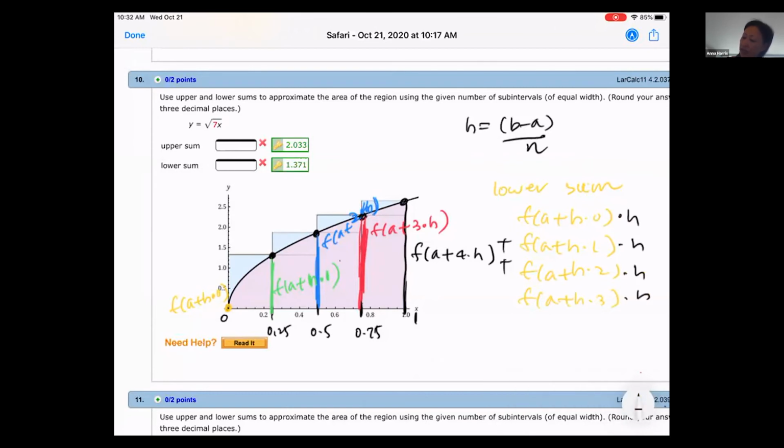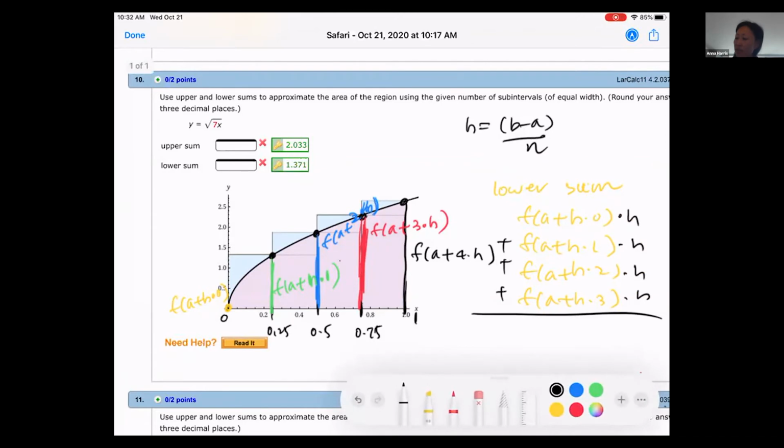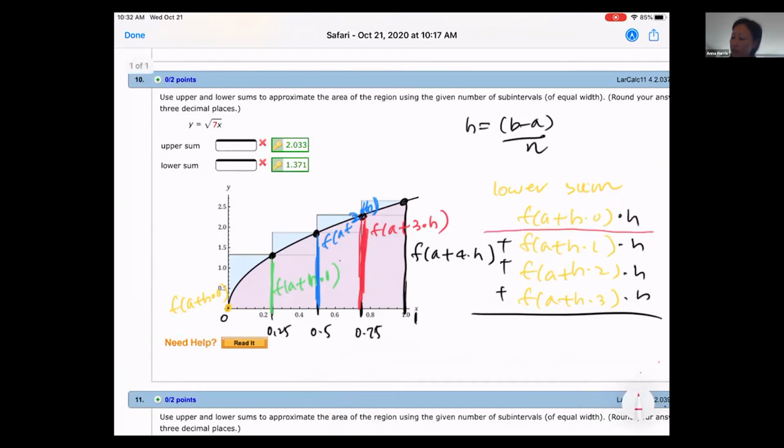That is your lower sum. Okay, what is the upper sum? Upper sum means you're doing exactly the same thing, but I'm only going to use this, and then I'm going to add one more. So that becomes the upper sum.